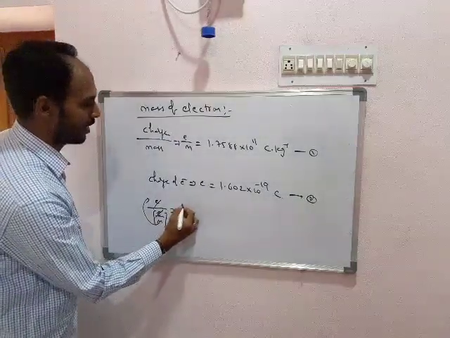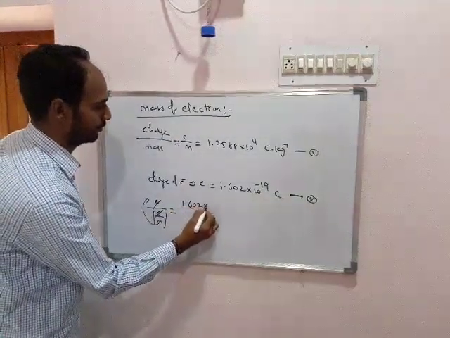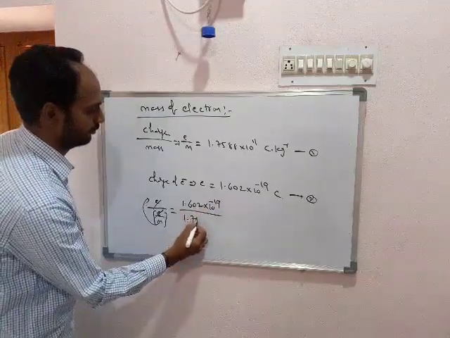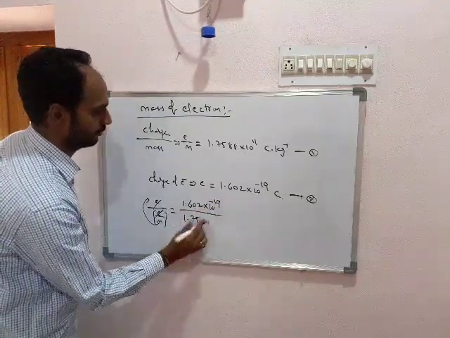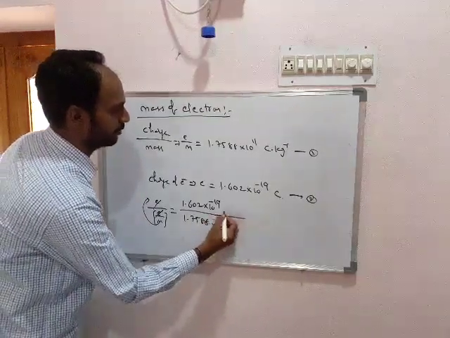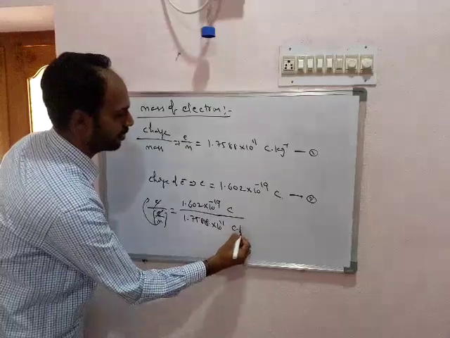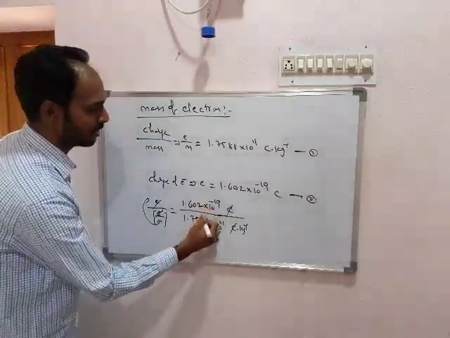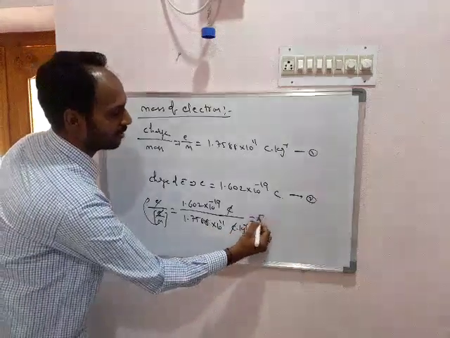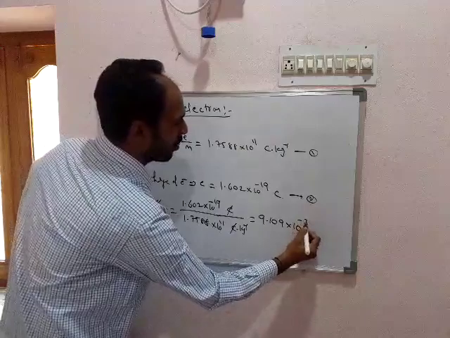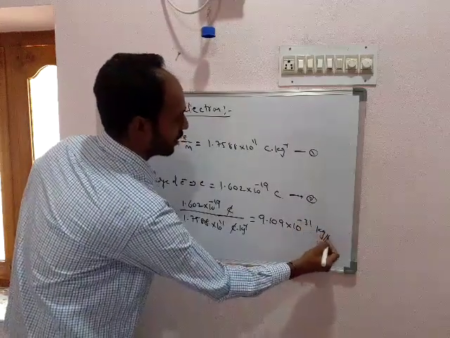The unit coulomb per kg cancels, and after this cancellation we get 9.109 × 10^-31 kilograms.